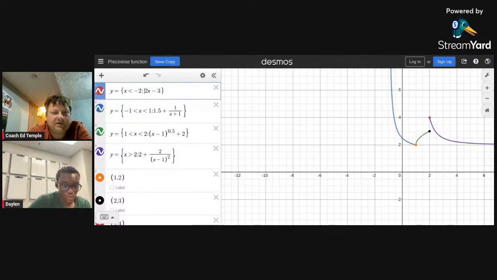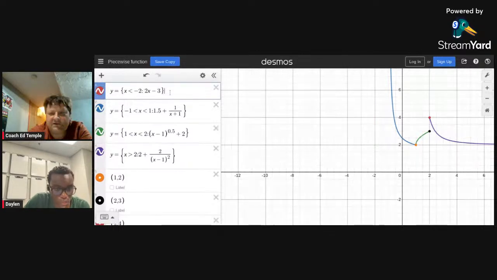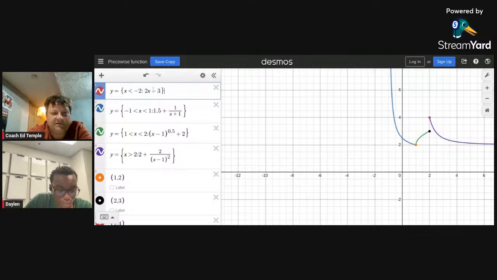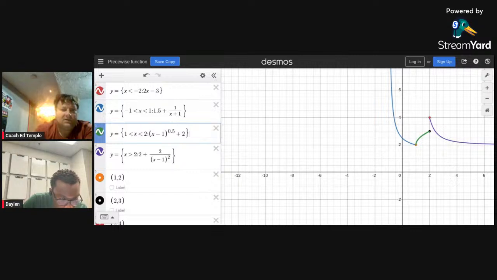2x minus 3. Anyways, it's not cooperating, but it's unfortunate because it would be pretty nice. Anyway, you should be able to do a piecewise function on there, but let me entertain it real quick.